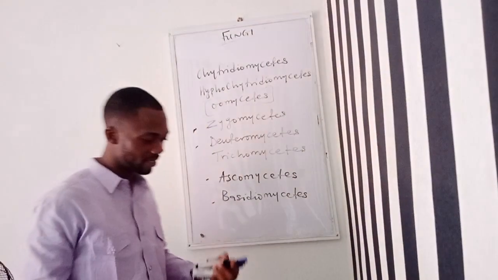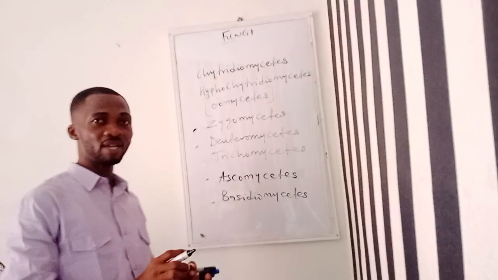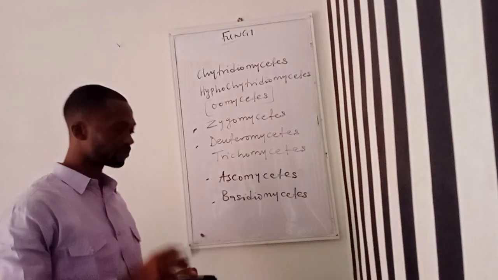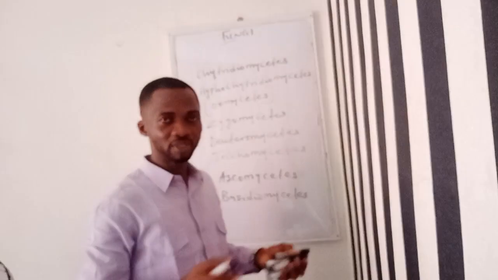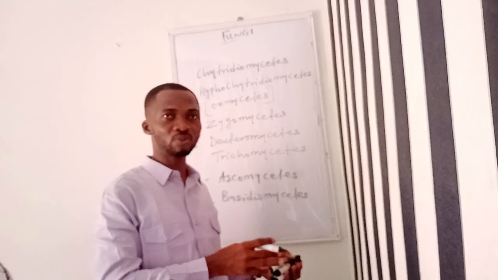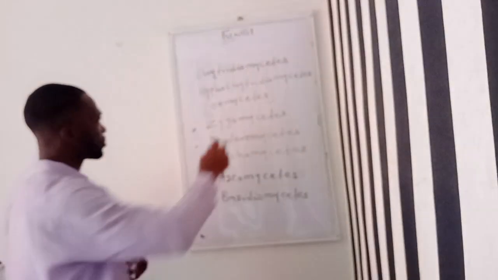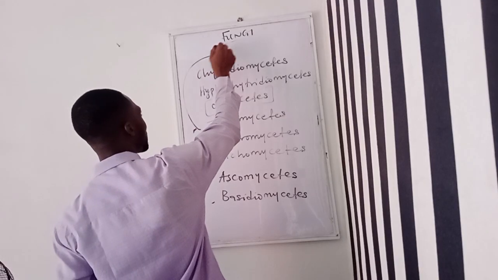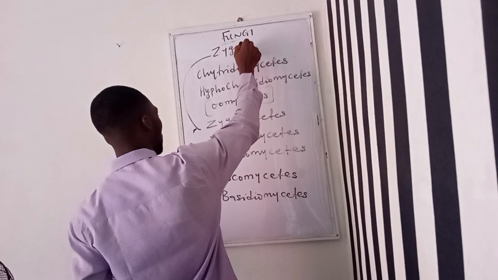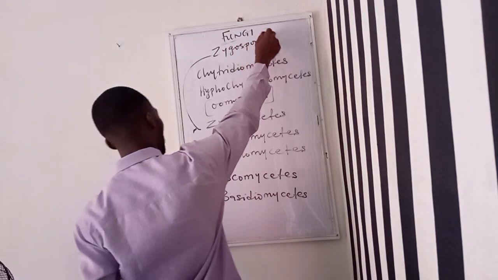So zygomycetes, members of this group are usually coenocytic, in the sense that their body or their hyphae does not have septum, does not have cross wall. Remember, that's what we call coenocytic. Then they also are known to produce a kind of sexual spore called the zygospore.